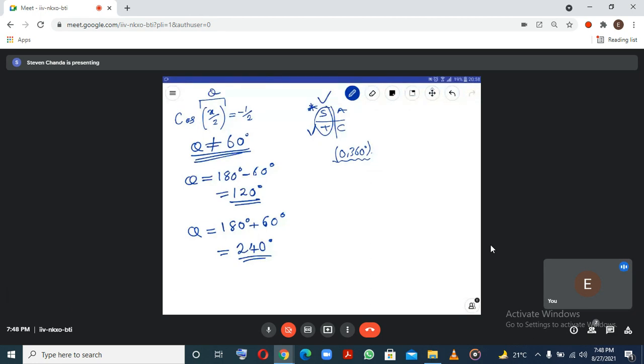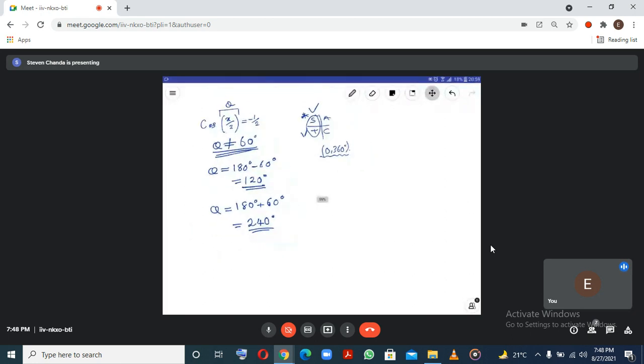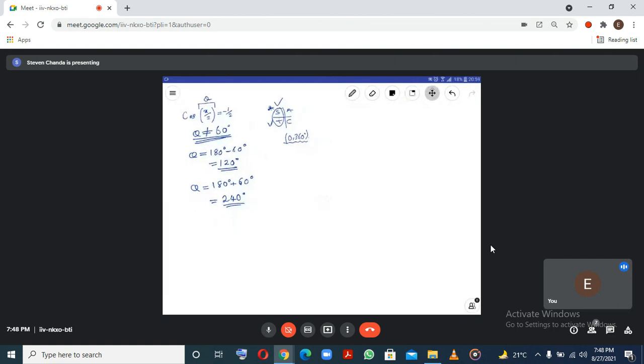Okay, so if we are clear on this one, then we have to realize that these answers that we found are not equal to x, but actually the relationship between x and these answers is this.